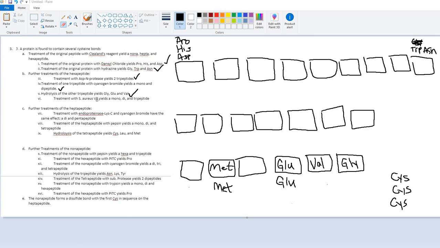Alright, so the S. aureus V8 is going to cleave on the C-terminal of this glutamate, which is going to make our dipeptide. And to get the mono and the tripeptide, we can either have a glutamate or an aspartate go here, or it could go here.